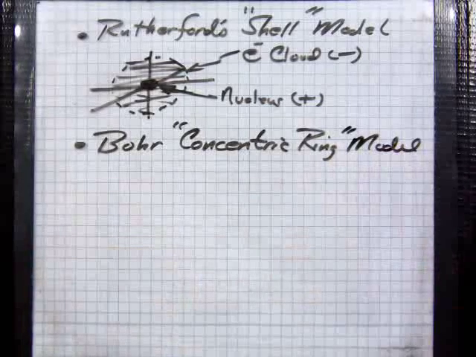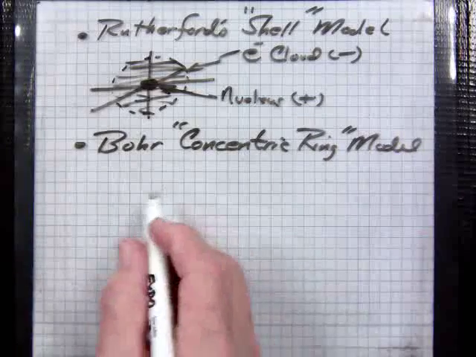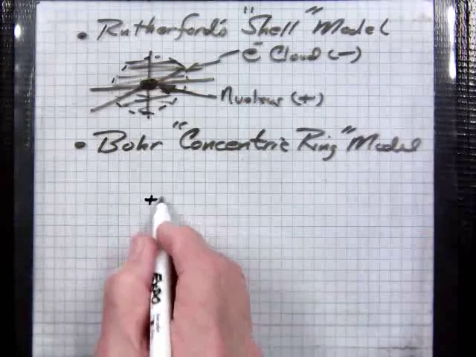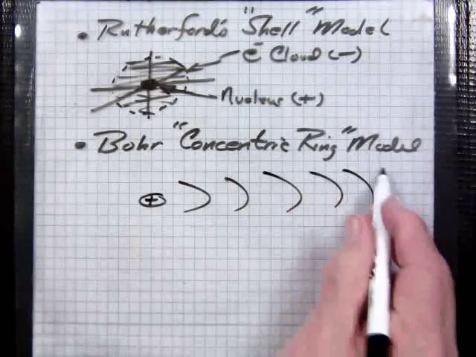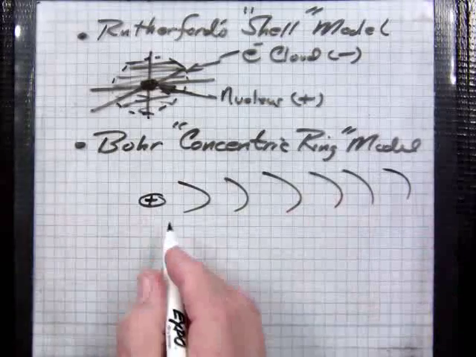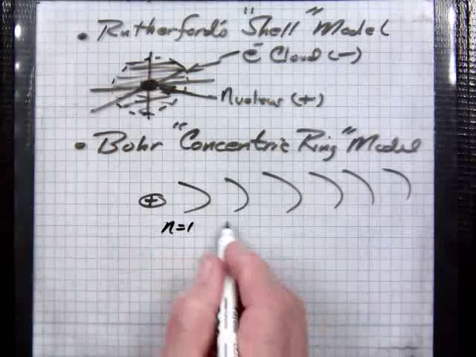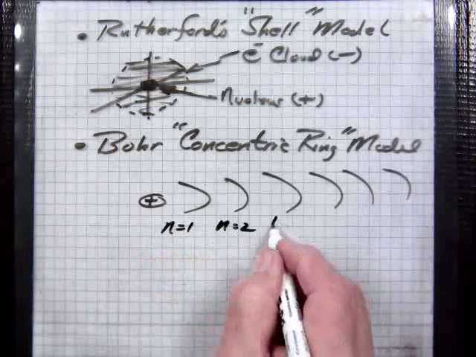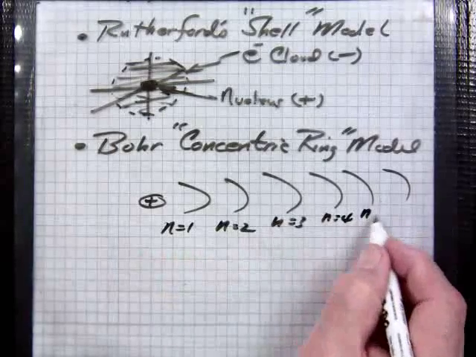Because it is used extensively in instructional environments and used to explain certain phenomena, but it consisted of the nucleus, and the electrons were placed in orbitals that we call energy levels, and that's n equals 1, n equals 2, n equals 3, n equals 4 is the terminology used.